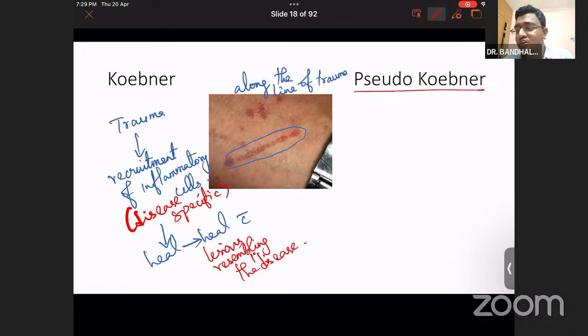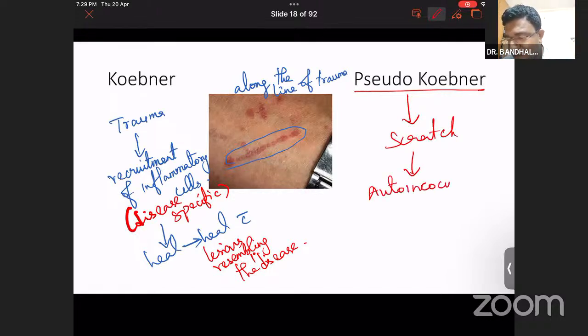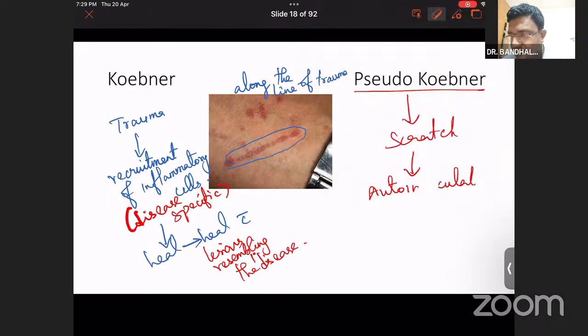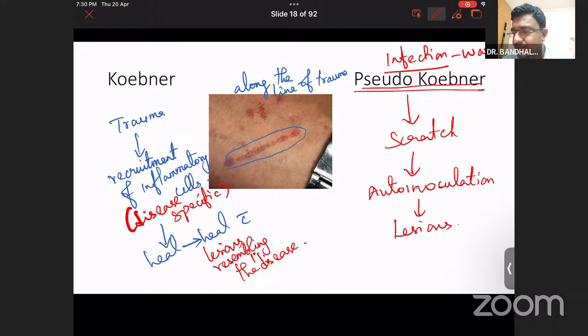Pseudo-Koebner is not like that. Pseudo-Koebner is whenever you scratch the lesion, there will be auto-inoculation of inflammatory material, infectious material. Auto-inoculation, so the lesions will appear. Pseudo-Koebner is basically seen in infections. To be precise, something like a wart, molluscum.